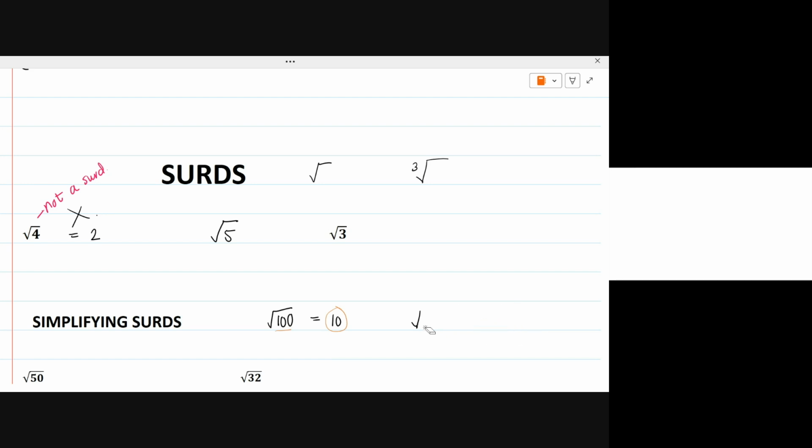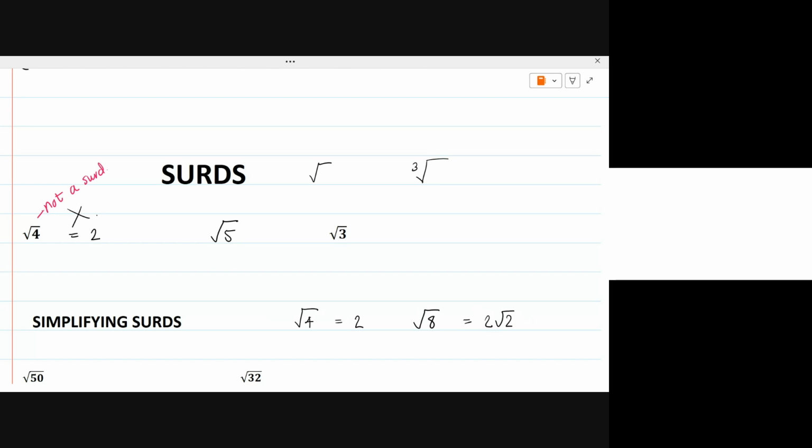Okay, let's try this. We all know that the square root of 4 is 2, right? But what about the square root of 8? Punch that into your calculator and see what your calculator says. It says 2 root 2, right?